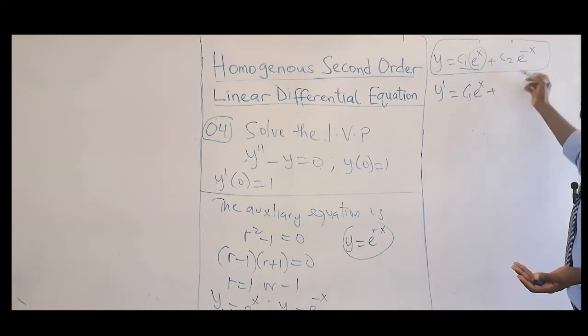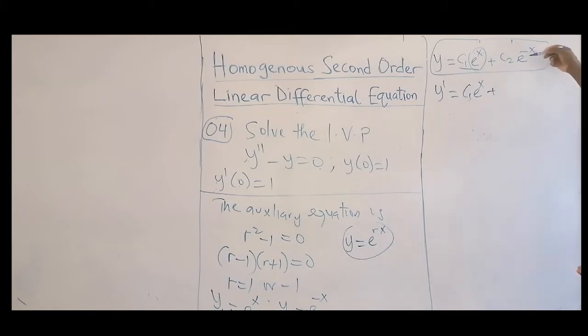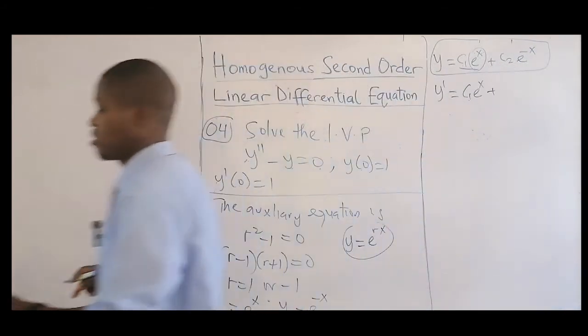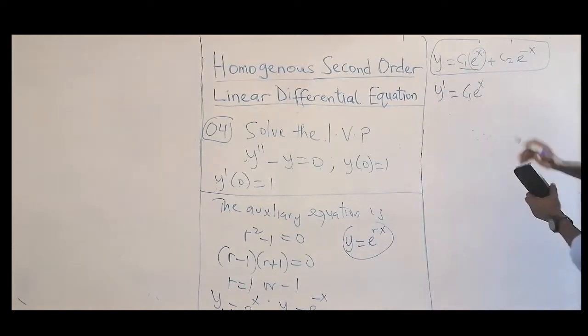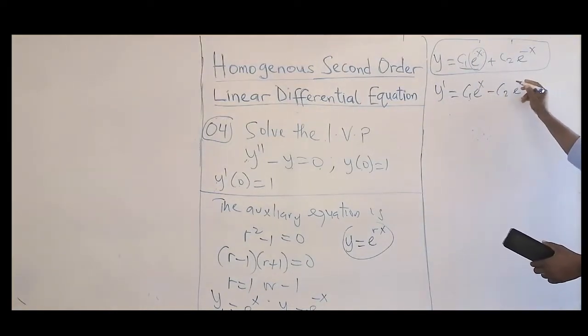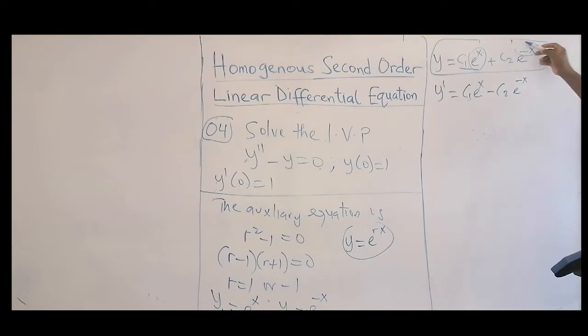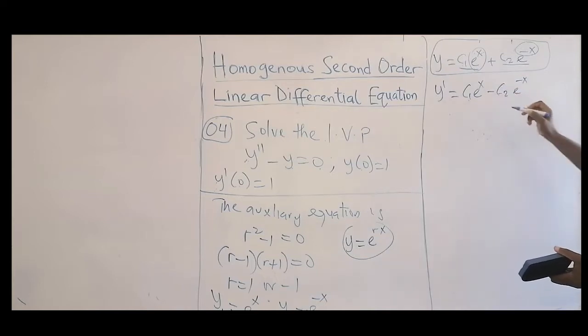The second term has an effect because the coefficient is minus 1, so that changes the sign to negative: minus c2 e^(minus x). What I mean is that the derivative of the power here is minus 1, times the whole expression. That's c2.